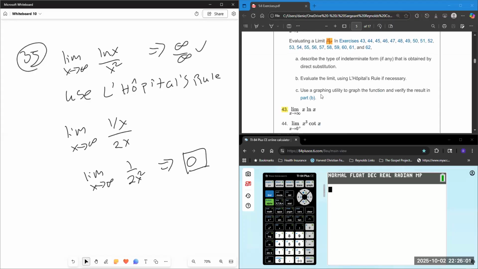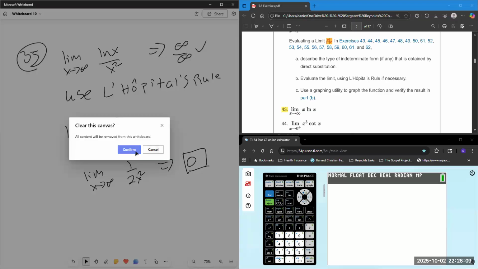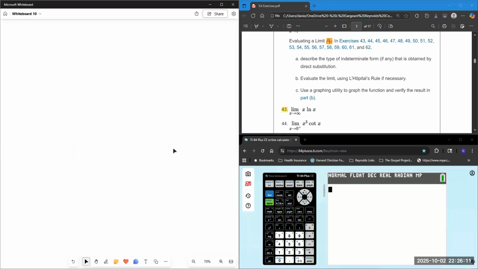All right, I'm going to modify the instructions for these last couple problems because I really have no way, even with the graphing calculator, to show you what the result is. For part B, I'm just going to do parts A and B here. So limit as x goes to infinity of x ln of x.